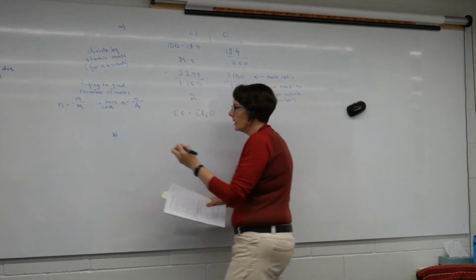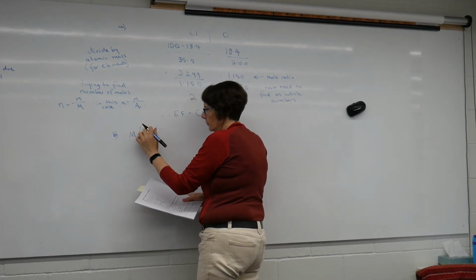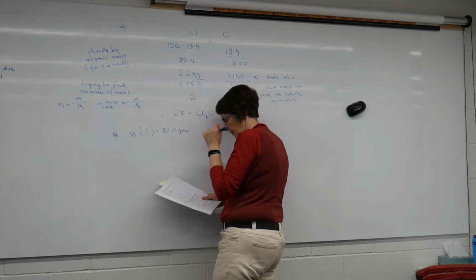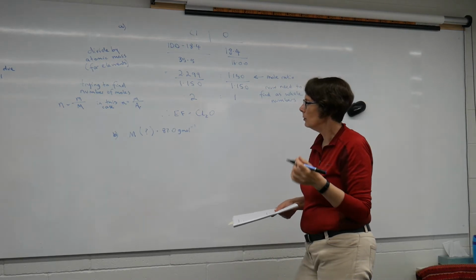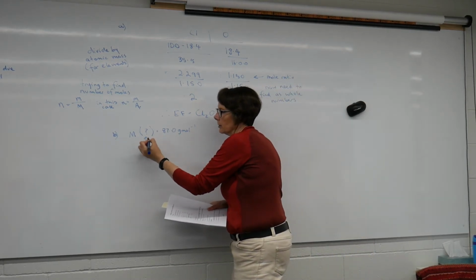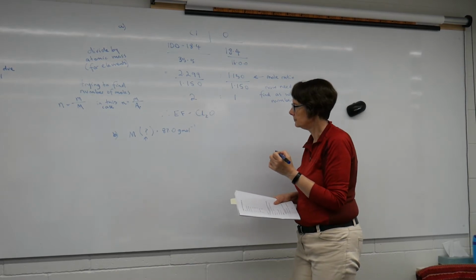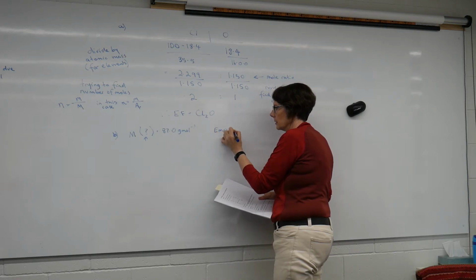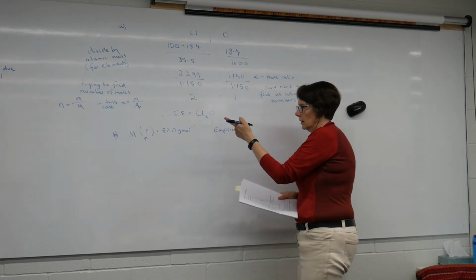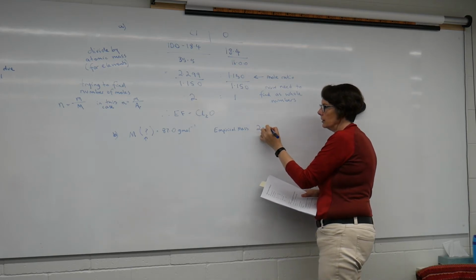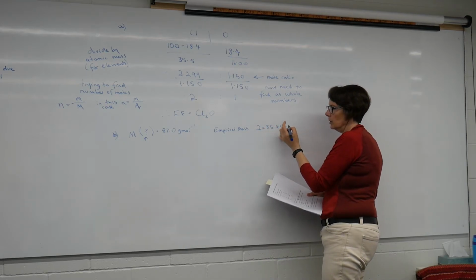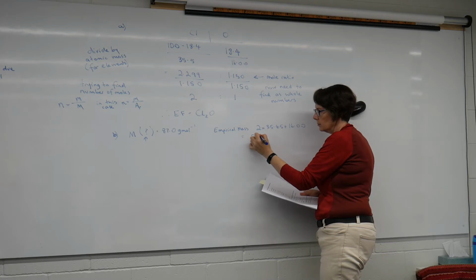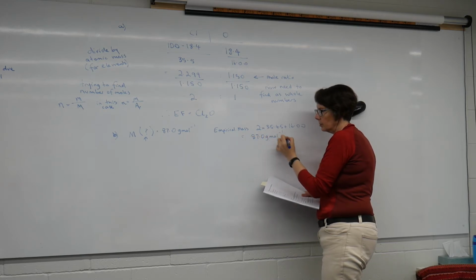We're told the molecular mass of our unknown is 87.0 grams per mole. And we want to find out what the substance is, so that's what we're after. We know the empirical formula, so we need to find the empirical mass. It's going to be 2 lots of chlorine plus 1 lot of oxygen. 87.0 grams per mole, approximately.